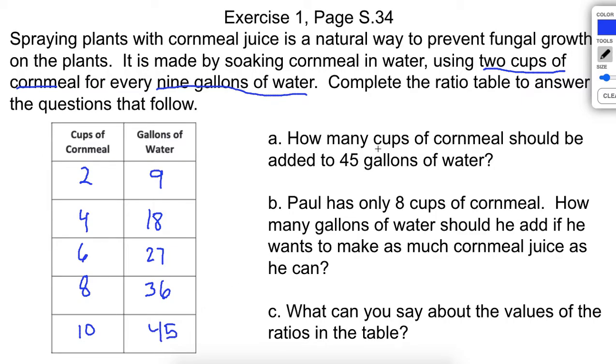Now, how many cups of cornmeal should be added for 45 gallons of water? So here's our 45 gallons of water, and that correlates to 10 cups, so this would be 10 cups.